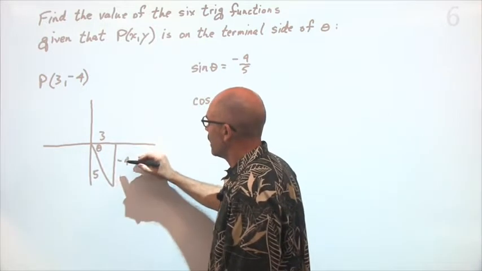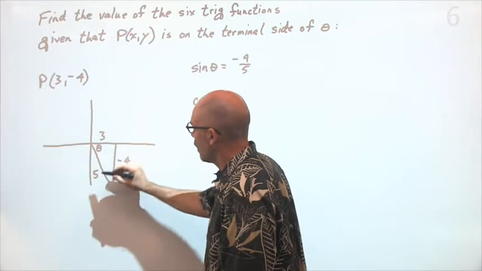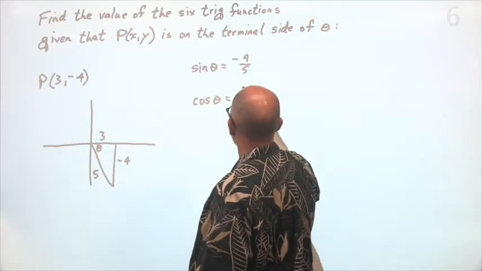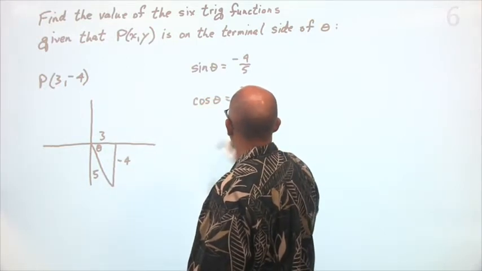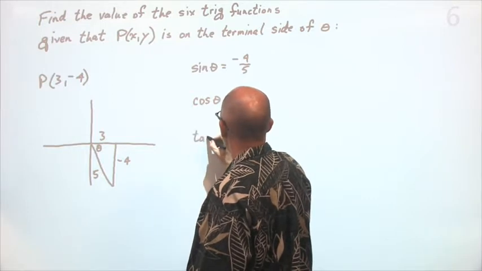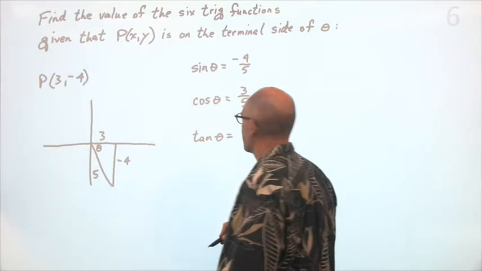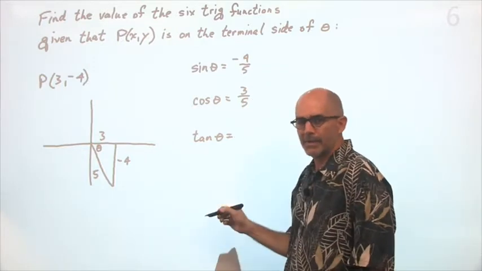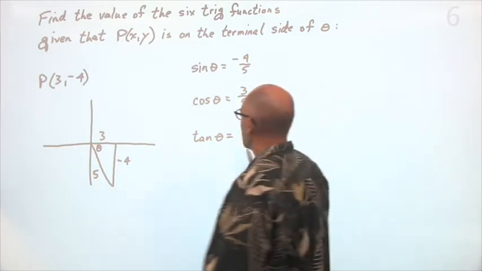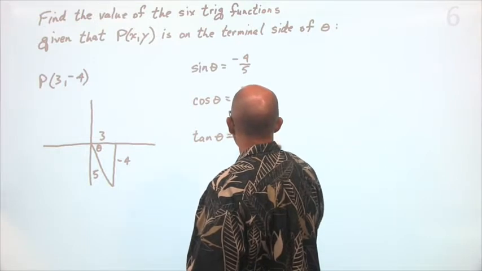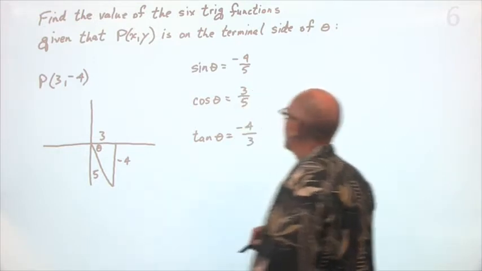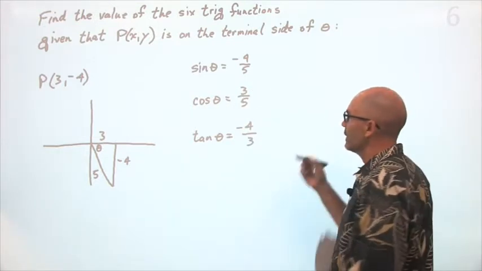Adjacent over hypotenuse. So it's 3/5. And tangent of theta is what? Opposite over adjacent, so -4/3. Now let's do the other 3, the reciprocals.